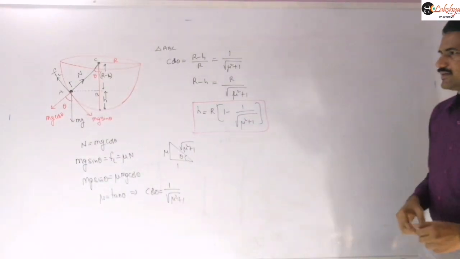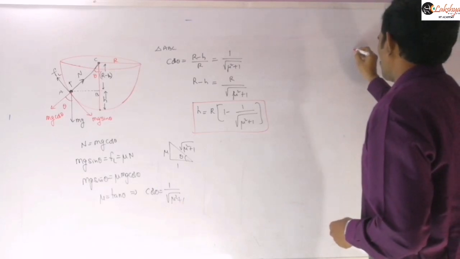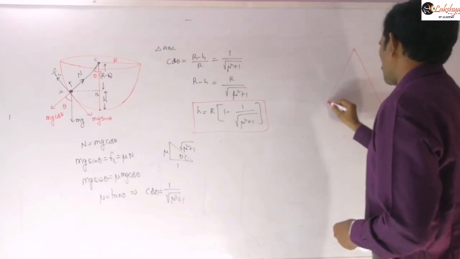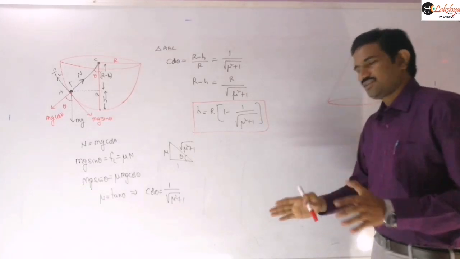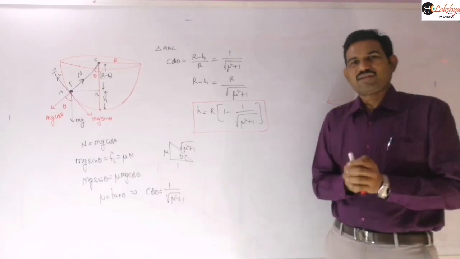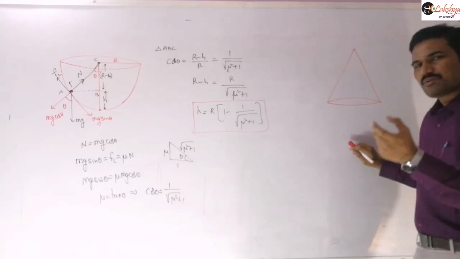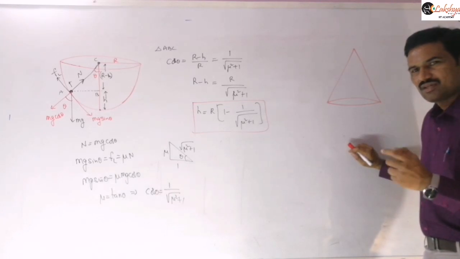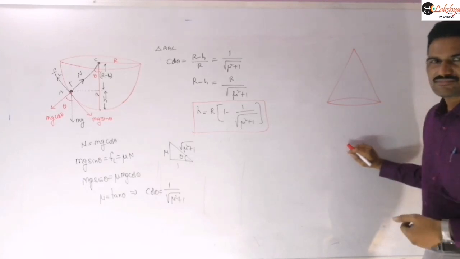And next, let us write another problem here. All of you have experienced this one, sand. Suppose you are piling up sand like this. When you go to a beach, generally we can form sand like this. We can pile the sand in the form of a hill or a cone, right? Now suppose the base radius of the cone is fixed. Can you increase the height of this cone to any extent?